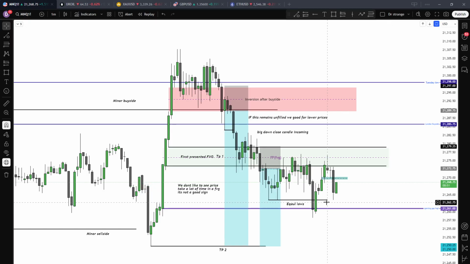So we are to buy. Watch this price level here. We don't want to buy from there and put another. What we want is to close below. Should we close below the equals? We are going to see lower prices.